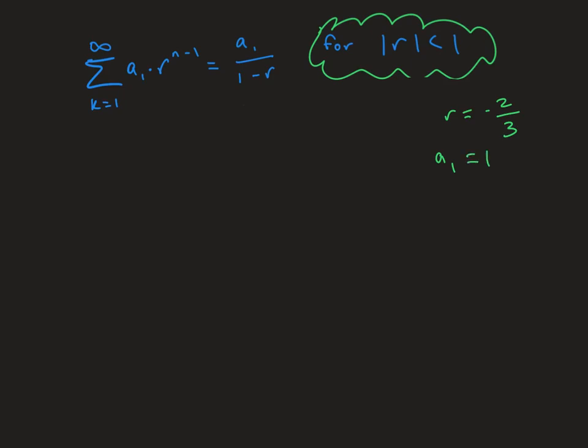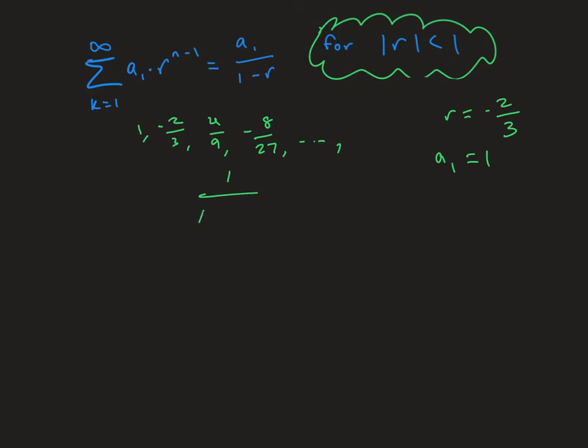So our sequence would be 1 minus 2/3, 4/9 minus 8/27, and so on. And if it's an infinite sequence, so we have an infinite number of terms, let's find the sum of that series. So first term is 1. So in the numerator, we're going to have 1.